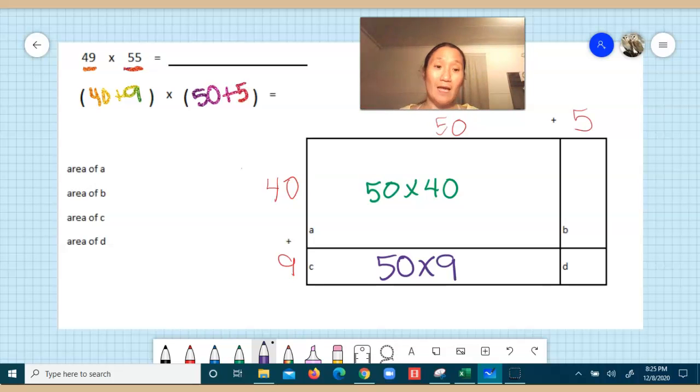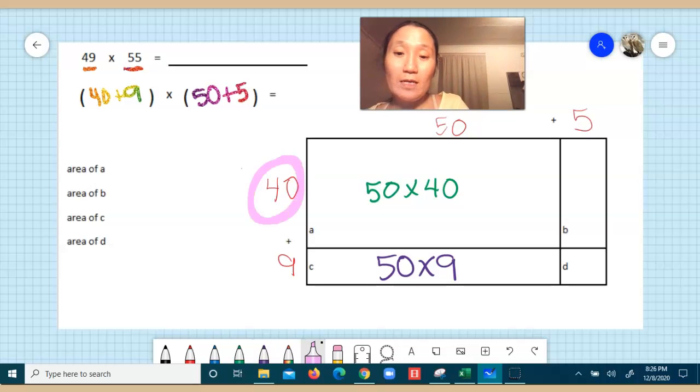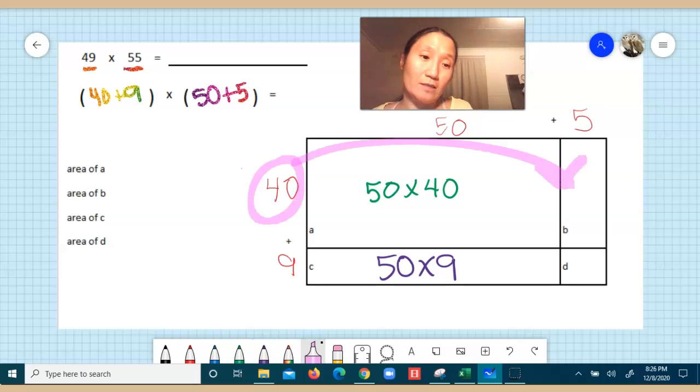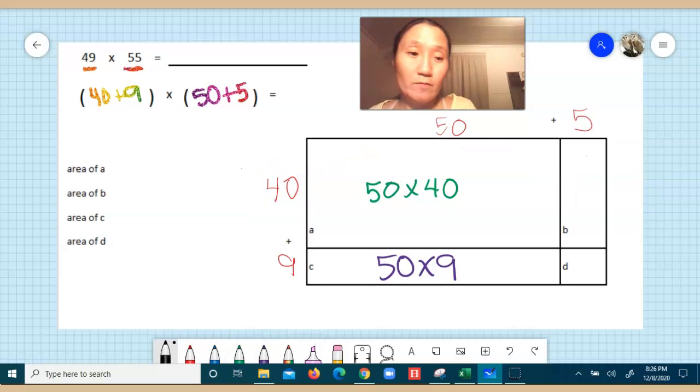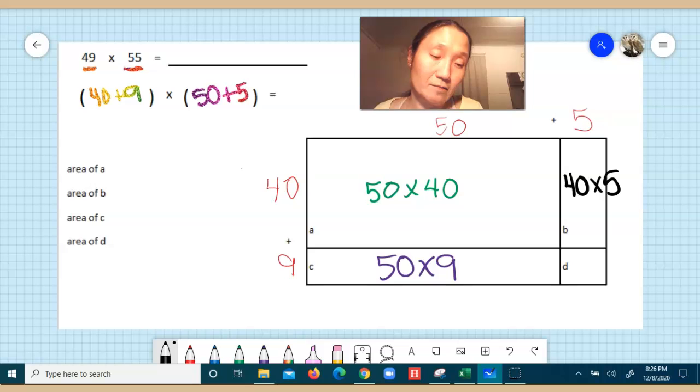All right, so now we need the equation for part B. We need the equation for B. So I will take my 40 and I will put that in the box. Okay? So I'm going to write 40 here. And then I'm taking my 5 and putting it in the box.